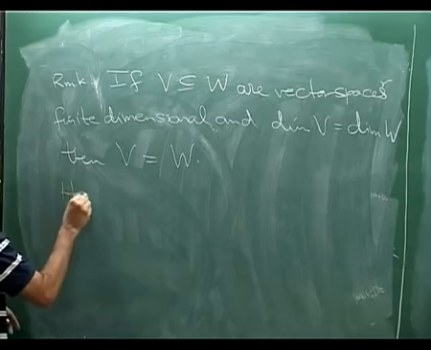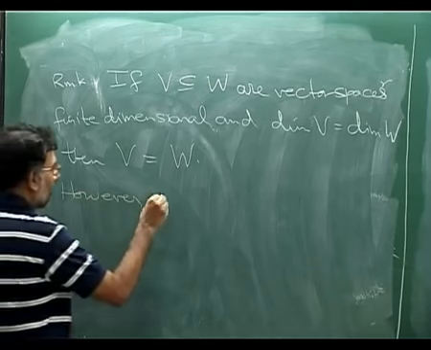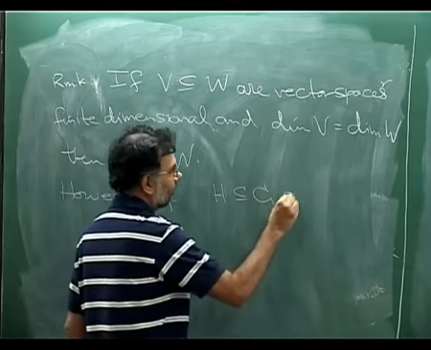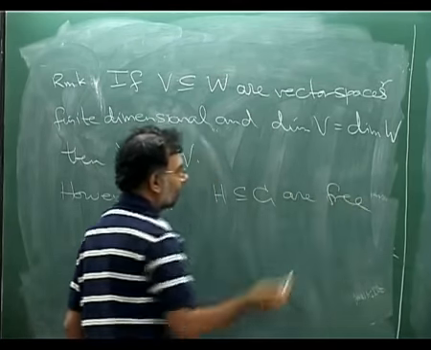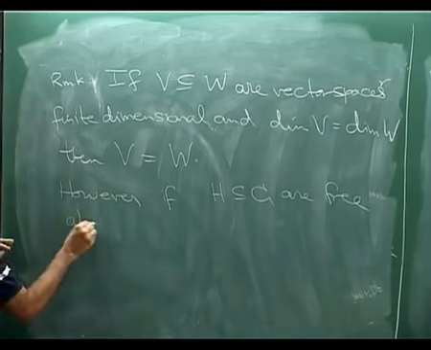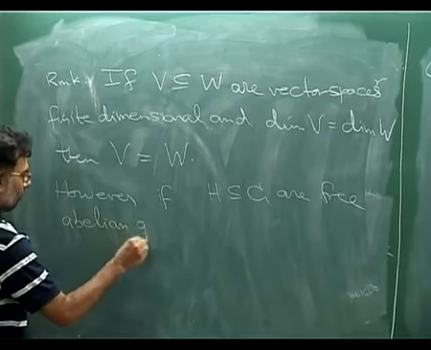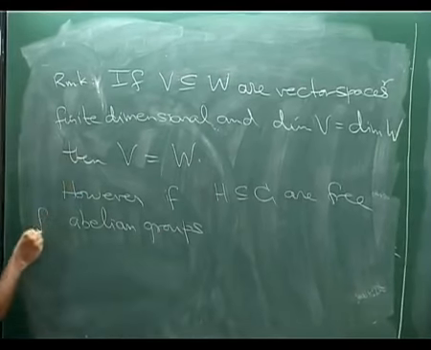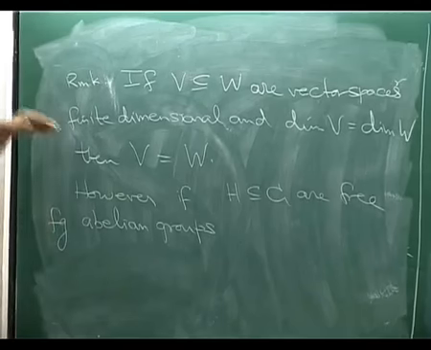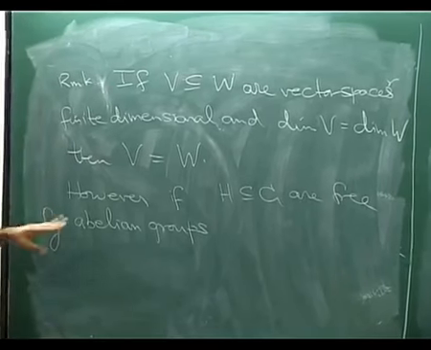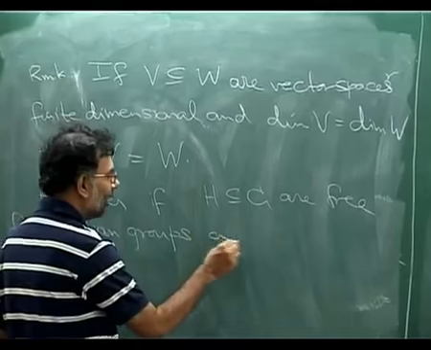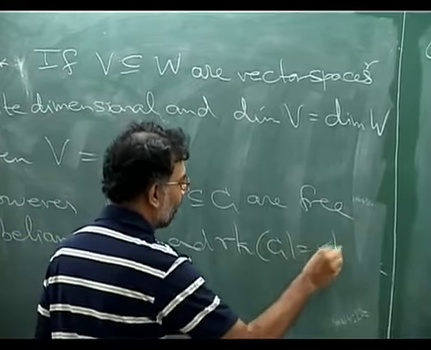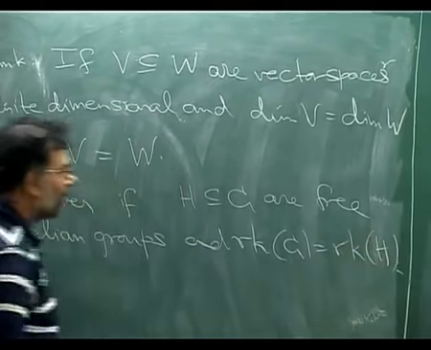However, if H contained in G are finitely generated free abelian groups, and the rank of G is the rank of H, it need not be that G equals H. Finitely generated is the equivalent of finite dimensional vector space.